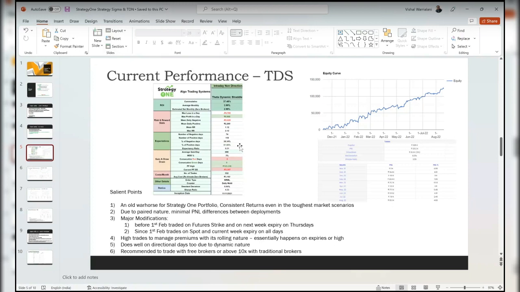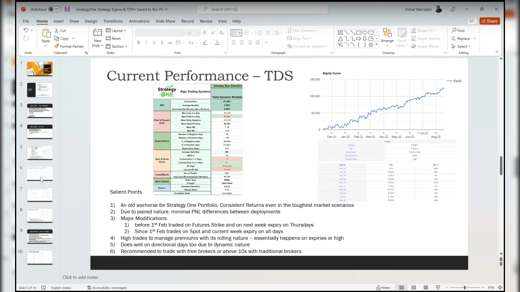The strategy used to have lots of trades, which we have reduced quite a bit by looking at certain parameters and reduction of those parameters. When we look into the Sharpe ratio, it is around 4.33. One is a Sharpe ratio calculated on live, and another is a Sharpe ratio that you have from TT, which is calculated on paper trade.